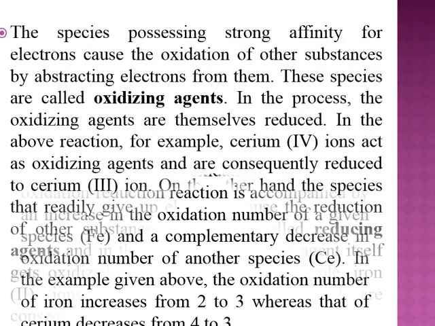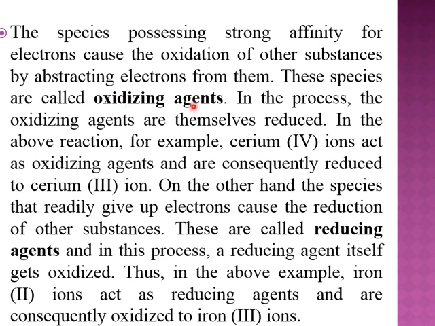Here we have to define the oxidizing agent and reducing agent. A species that has a strong affinity for electrons gains electrons and is reduced, but it causes oxidation of the other substance it reacts with, so it is an oxidizing agent.